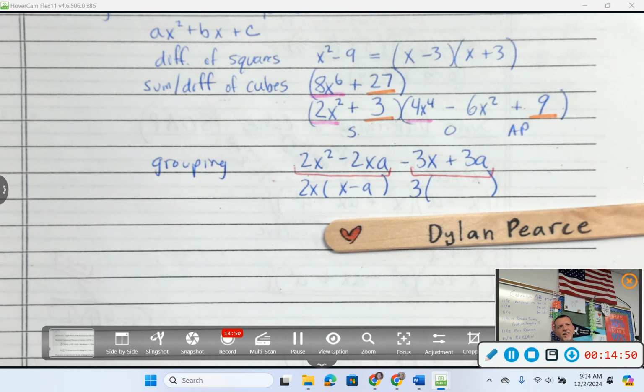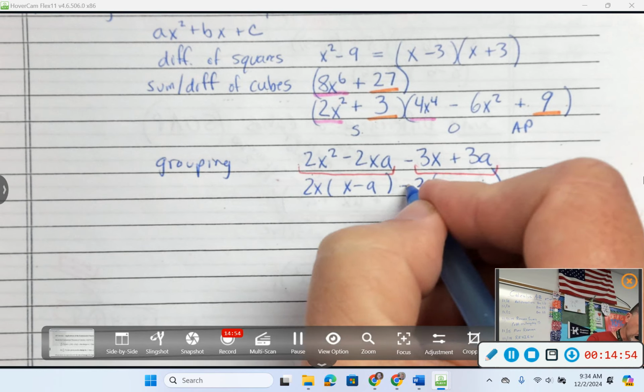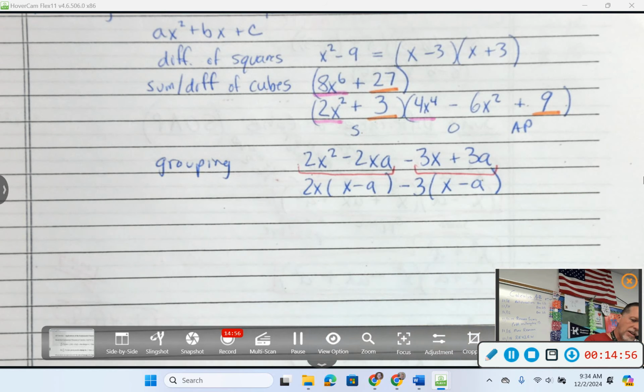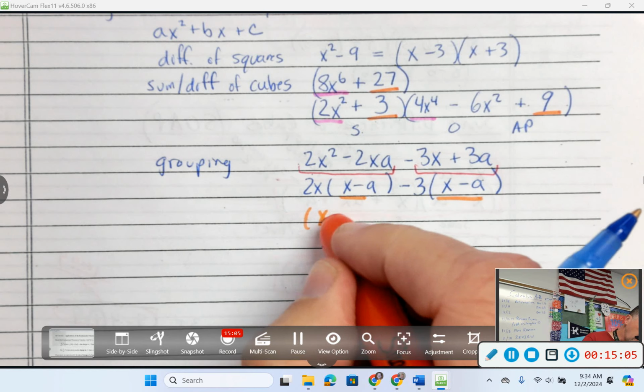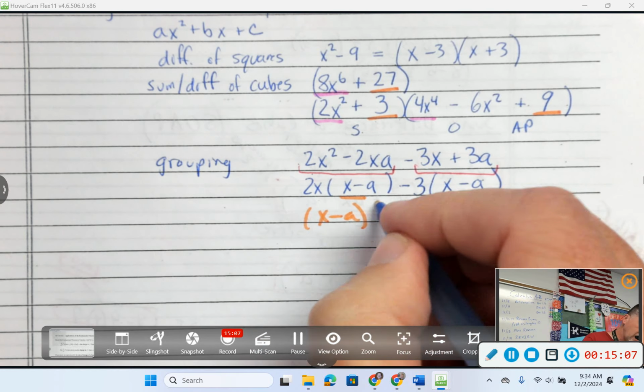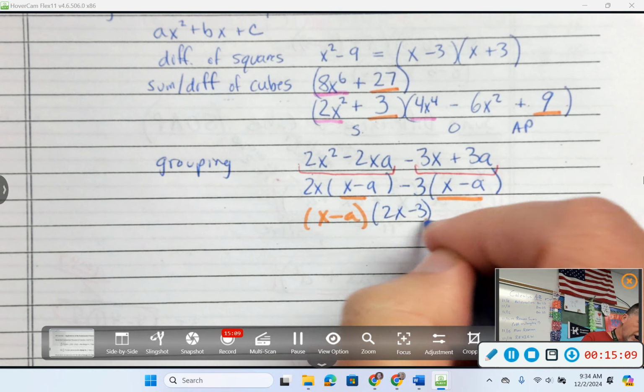Anybody? Let's do a -3 because that will help the insides match up. And that's sort of the midway check that I'm doing this right because I got the same leftovers. So I'll factor out the x minus a, and that leaves 2x minus 3.